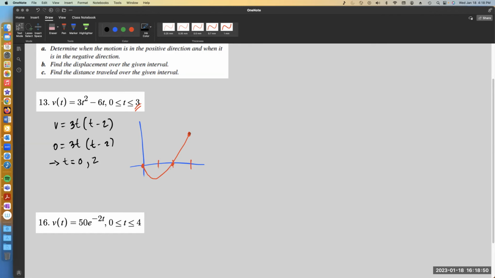Okay. So part A tells us that we are moving in the negative direction when the velocity is below the t-axis. So this is v, this is t.